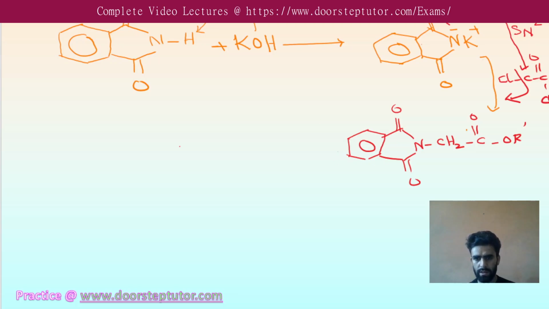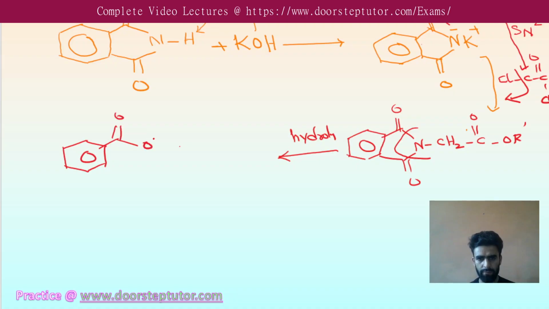Now in the next step, what happens? Hydrolysis occurs. When hydrolysis occurs, all of this is removed, and we get this type of species, a dicarboxylic acid type of species, and there is formation of amino acid.